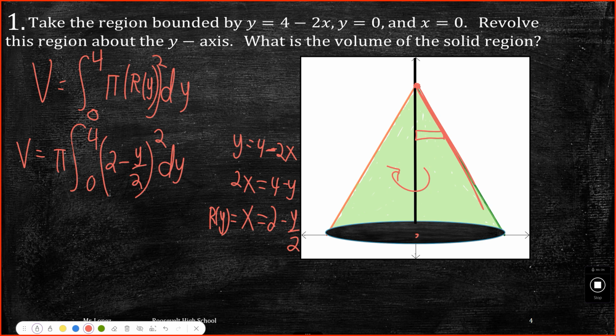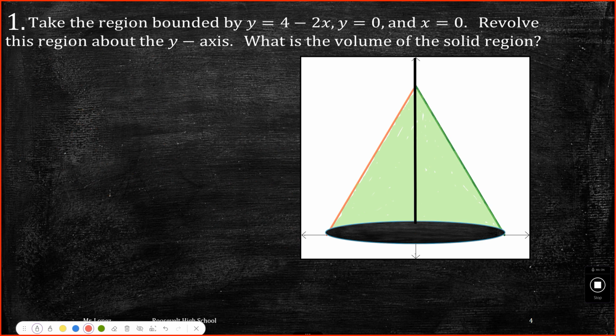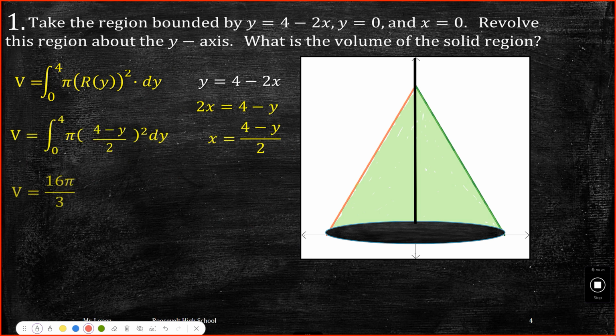What are you guys getting? Yeah, probably, because pi is 3.14 and 3, and then they cancel, it's 16 point something. All right.